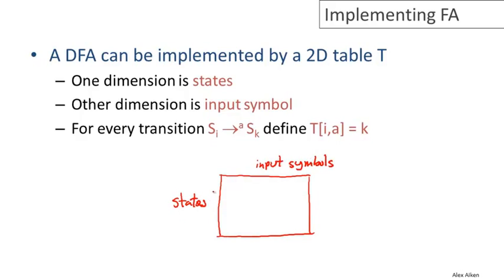And so I might have a state I and an input A, and I simply look up in that position, and there will be the next state, K, to which we're going to move. So the table stores at every particular input symbol and state the next state that the machine will move to.